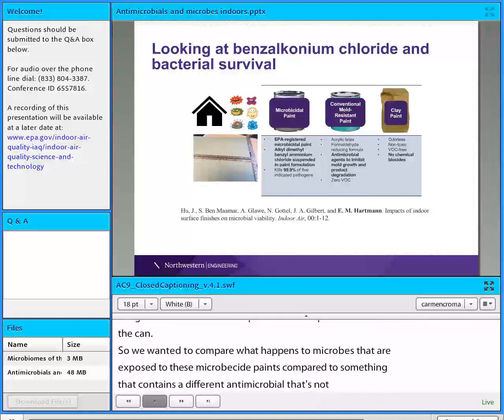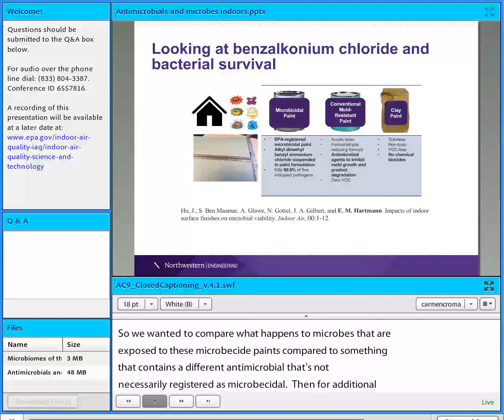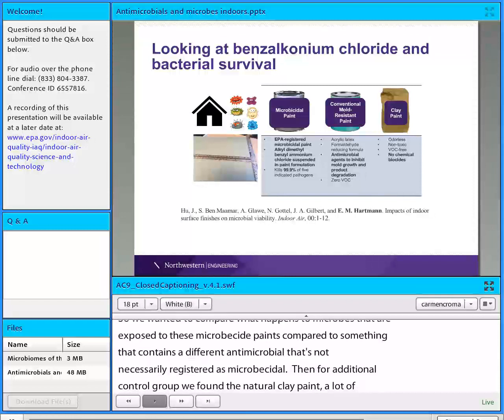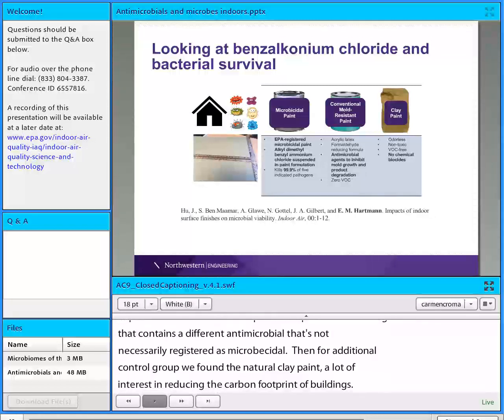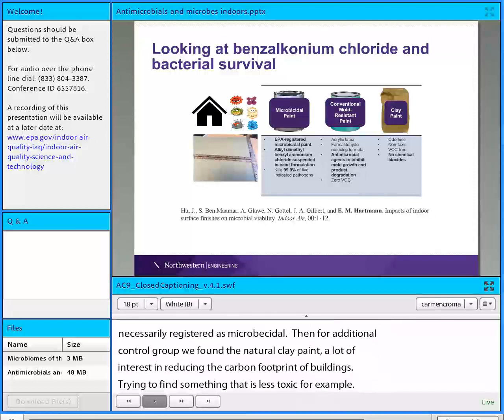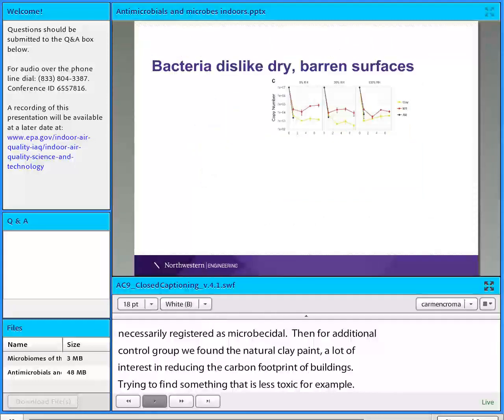And then as an additional control group, we found this natural clay paint. There's a lot of interest in reducing the carbon footprint of buildings, and so trying to find something that is less toxic, for example. And this clay paint, to the best of our knowledge, contains no synthetic chemical biocides.